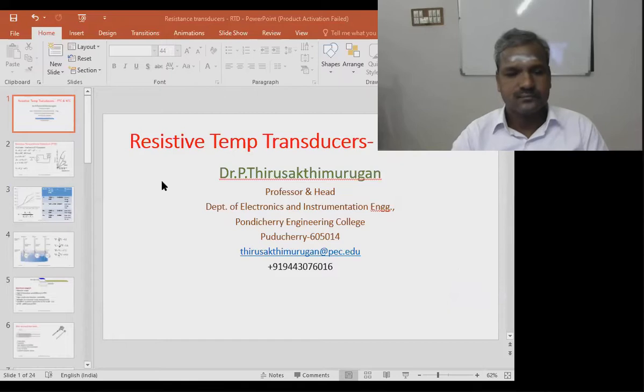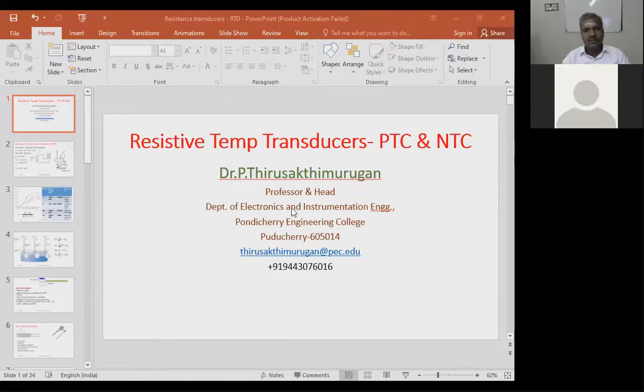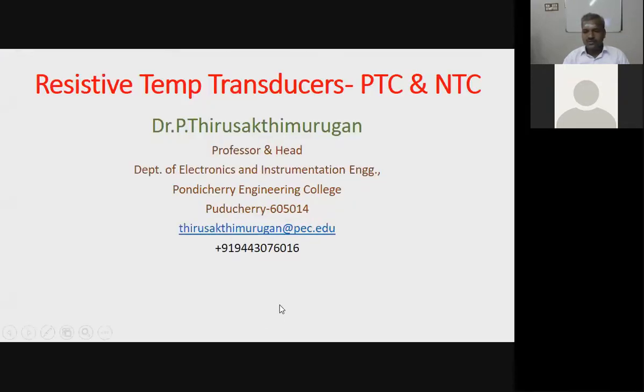Let us discuss the characteristics, how these two transducers are used to measure the temperature, how to detect the temperature, and how to convert the change in temperature in terms of change in resistance, because these two temperature transducers basically work on the thermoresistive effect.